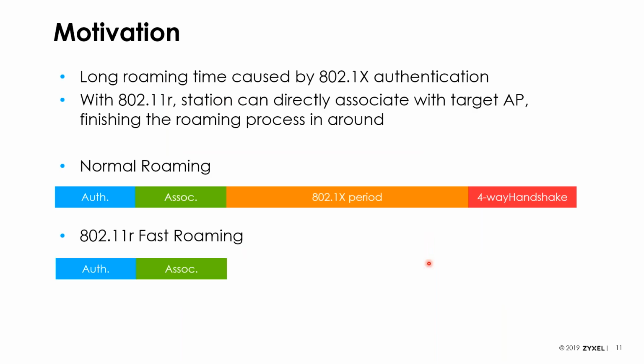So we save on these. So when we are talking about normal roaming without 11R, the client needs to authenticate and associate and also do the client authentication and the four-way handshake. With fast roaming standard, it just needs to authenticate and associate because these are done in advance before actually moving to the new AP.